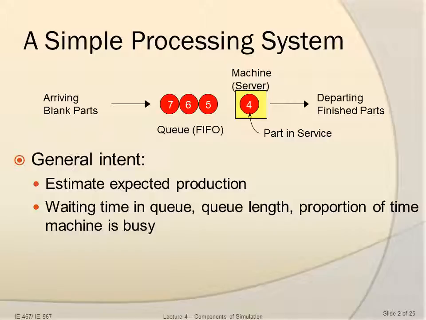So part 4 is in service, and after it's finished being processed, it will depart from the system. So the general intent here is to estimate expected production, and we also want to know often the waiting time, the queue length, and the proportion of time the machine is busy.